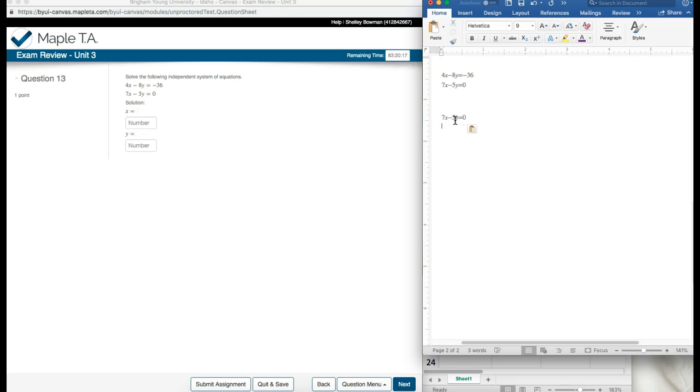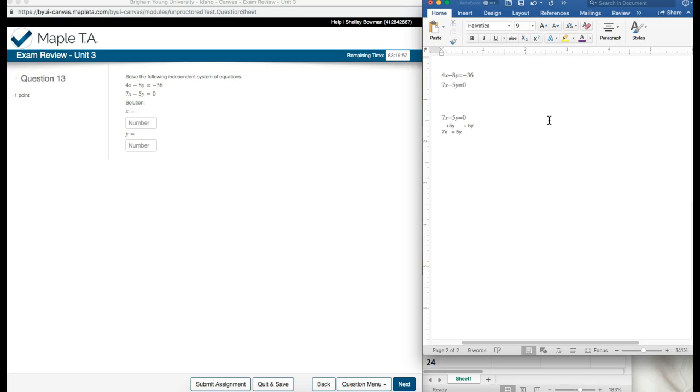Since x is right here, let's just solve it for x just because we can. So I'm going to add 5y to both sides. So add 5y here, add 5y here, and I'm left with, on the left-hand side, 7x equals 5y.